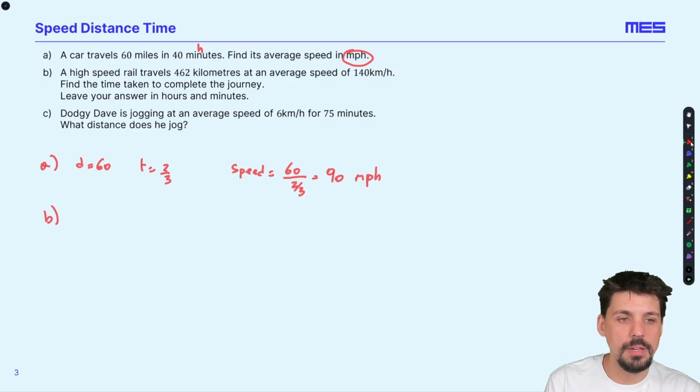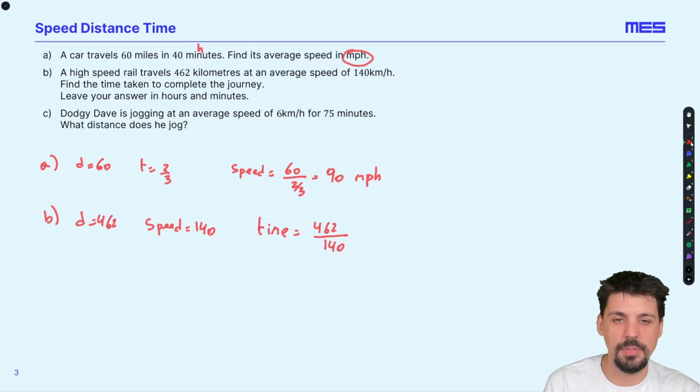Now, for B, we know the distance is 462. We know the speed is 140. What is time? Time is distance divided by speed. All right?